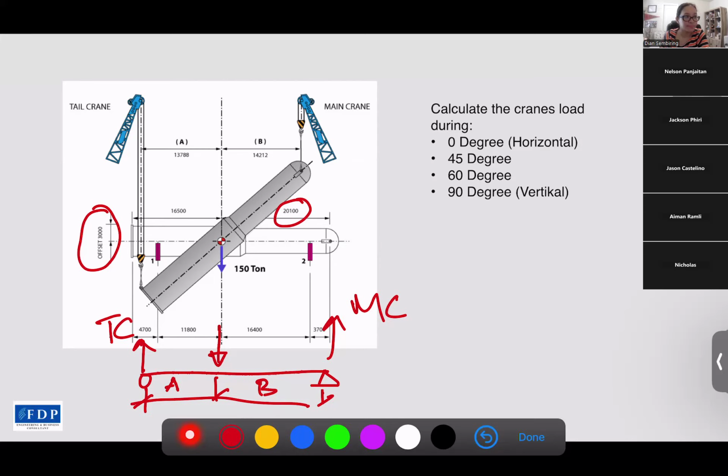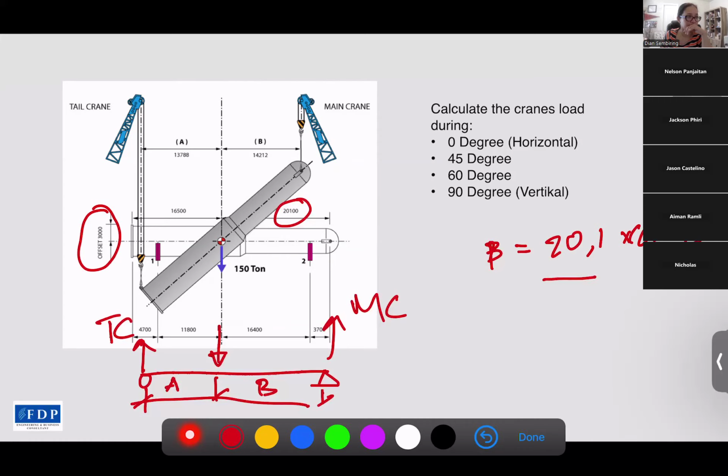For example, during 45 degrees we have B equals 20.1 times cos 45. So we just refer to the 20.1.